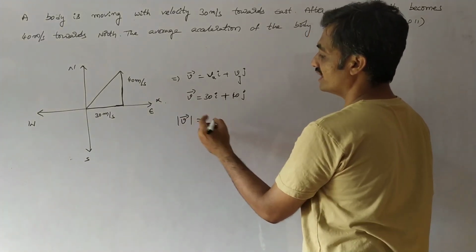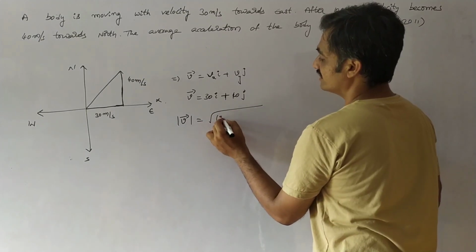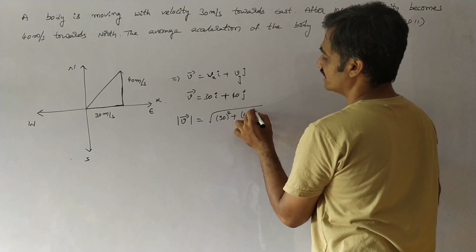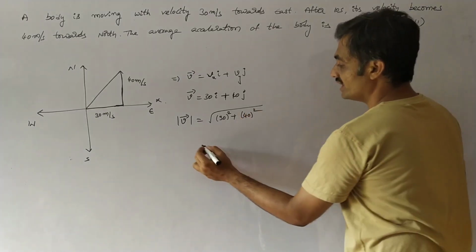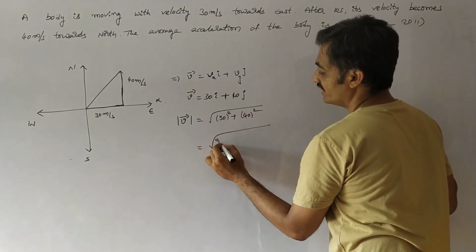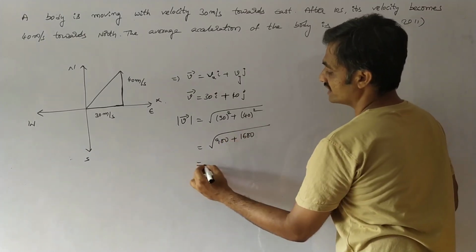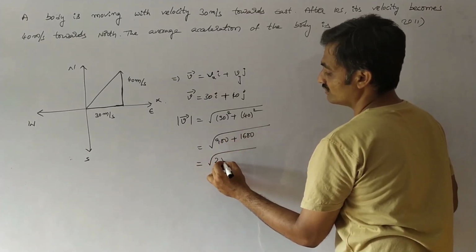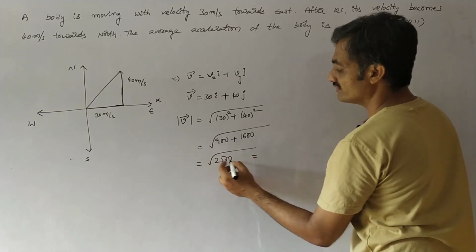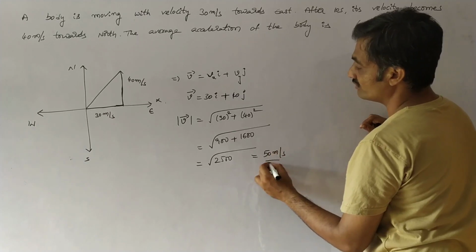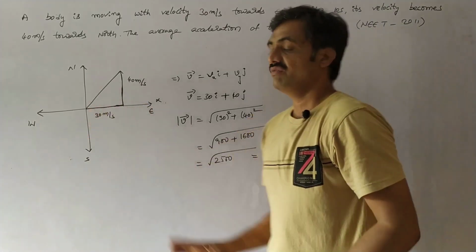It is given as v bar equals under root of 30 square plus 40 square. We know that 30 square is 900 and 40 square is 1600. 1600 plus 900 is 2500. So under root of 2500 is 50 meter per second. Now we have found the resultant velocity.